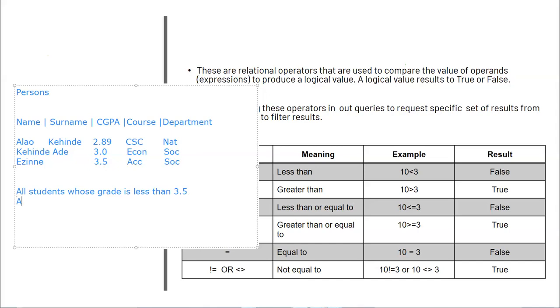You can say we want all students who are in social sciences and have a second-class upper grade.